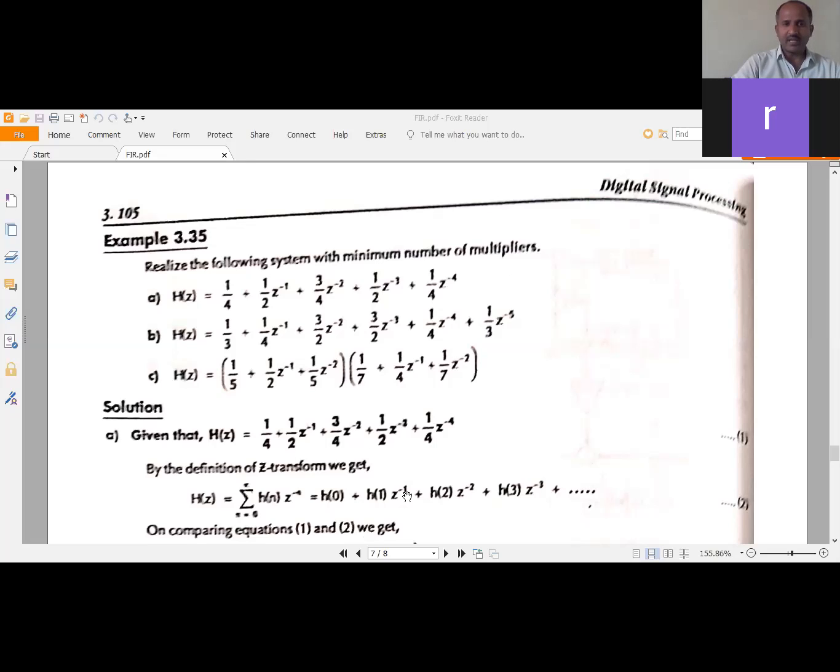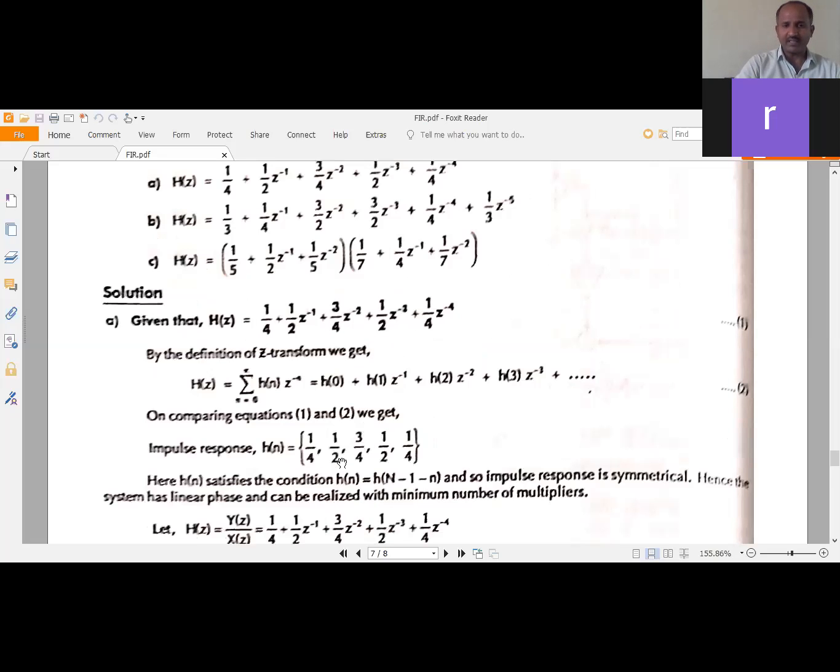And you take the transfer function which is given in the problem. Before realizing that, you check whether it satisfies the condition of symmetry or not. Accordingly, you can check first before realizing.